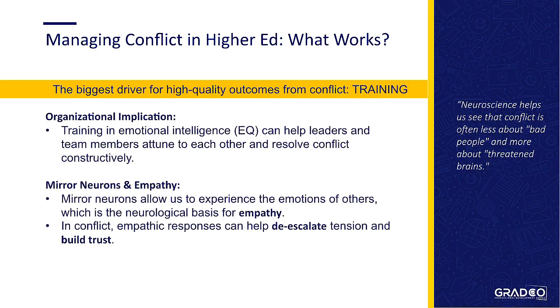Becoming more aware of neuroscience really helps too. It's less about bad people when we get into conflict, and it's more about threatened brains, which means our brains have a response system to protect themselves. And so when there's difference or when there's conflict, we go into fight, flight, freeze, fawn. We go into a variety of neural states that makes it harder to cooperate and harder to get along.